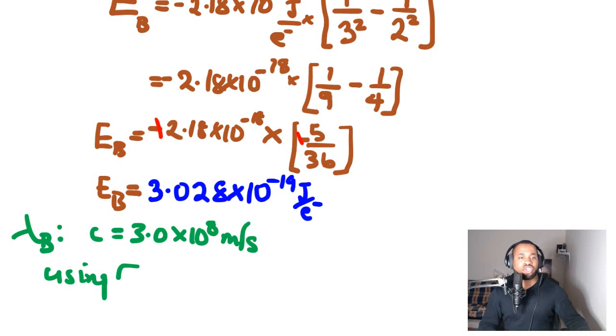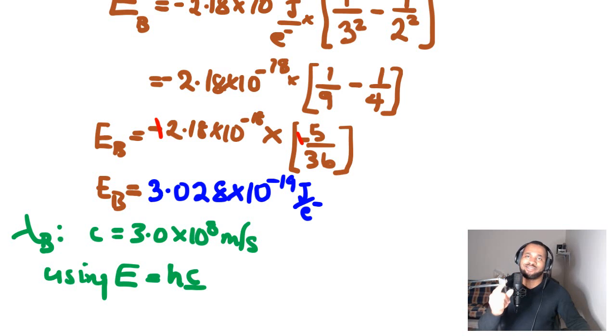And since we have this, it means that we are going to be using our specific equation, which is E equals the Planck constant times the speed of light divided by your specific wavelength. And so to rearrange this, we are going to have our wavelength up and our energy down.